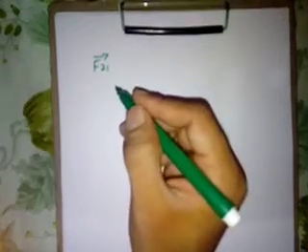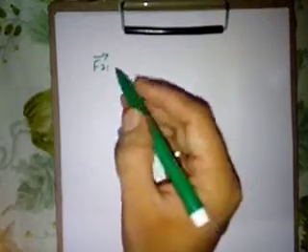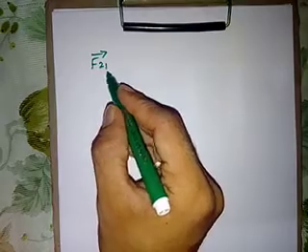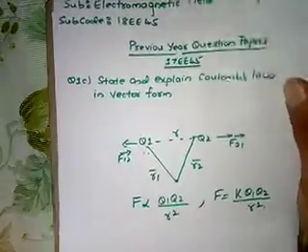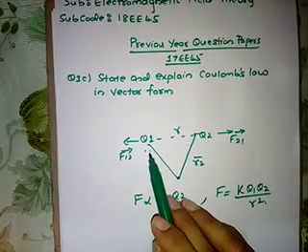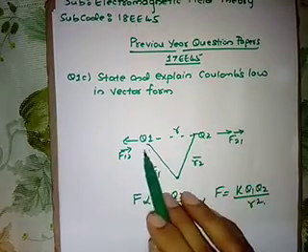Just now we found F12. F21 is the force on Q2 due to Q1.